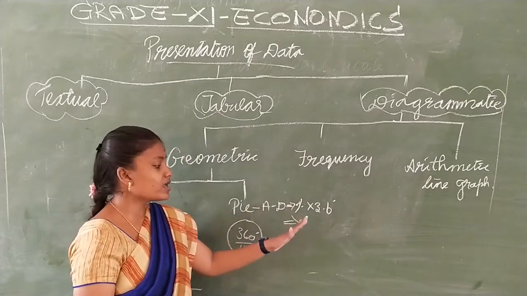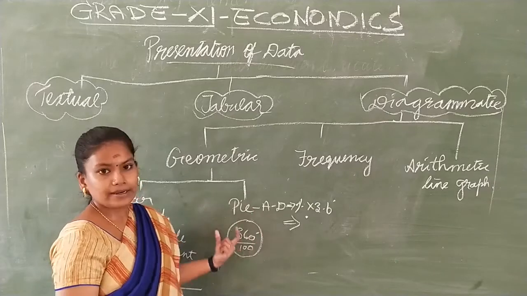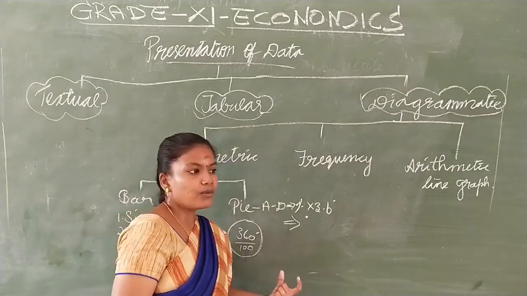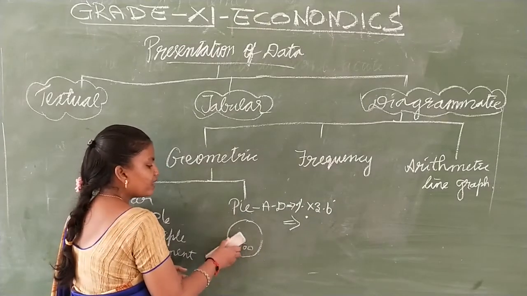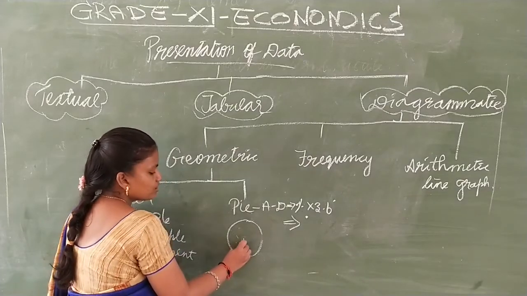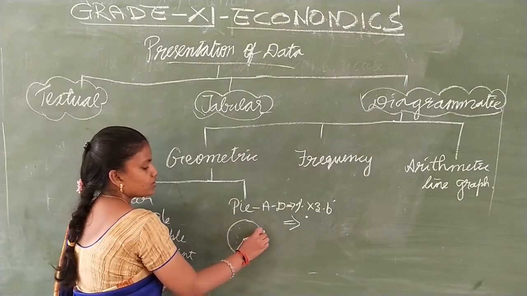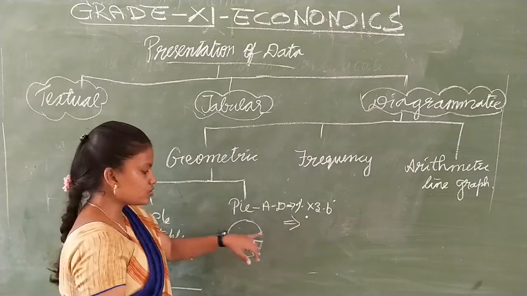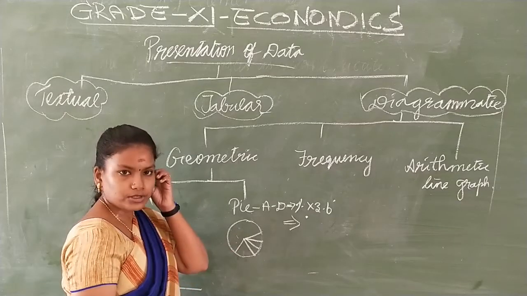For what? For getting an angular component, because inside a pie diagram, inside a circle, you are going to draw your lines from the center to the circumference. So whatever angle it marks, you are going to mark it at that particular angle and measure it.